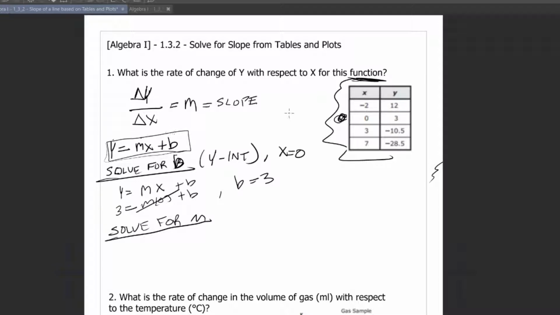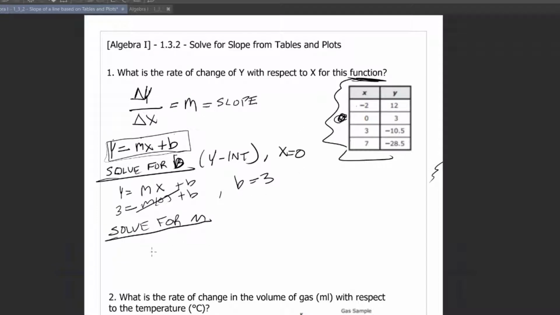So we got to solve for two variables, and we have multiple points to solve for these two variables. So first thing I did was plug in x equals 0 to get rid of m, right? Because 0 times whatever constant m is going to go away because it's multiplied by 0. And then we have a y value whenever x equals 0, which is y equals 3.